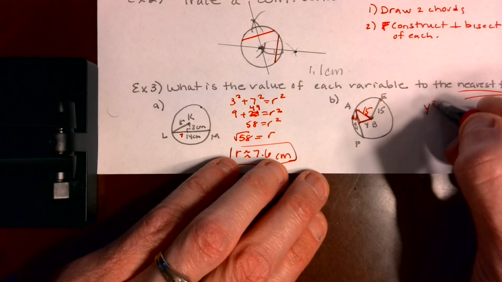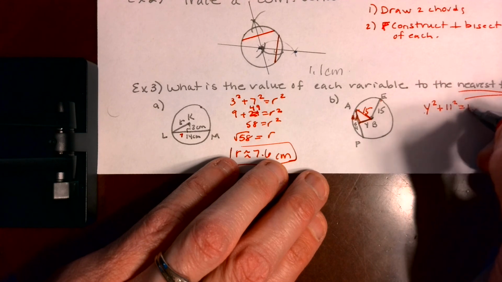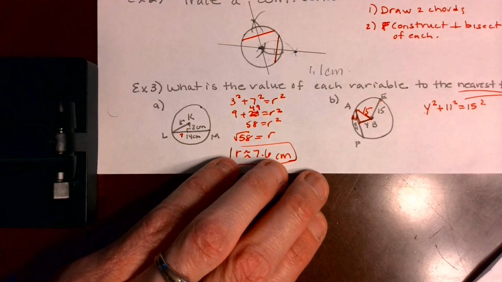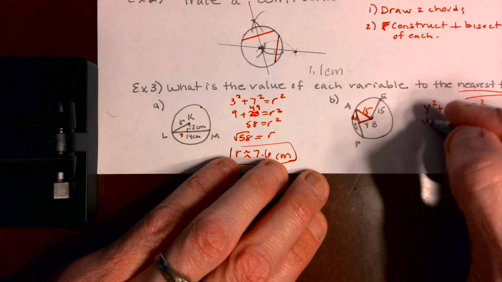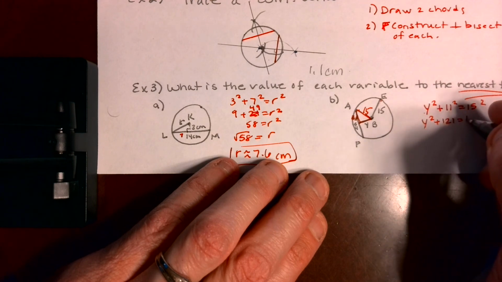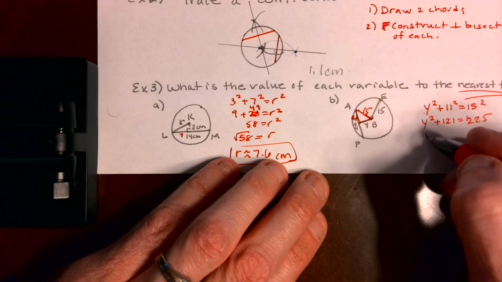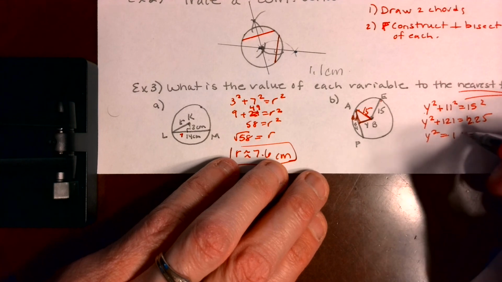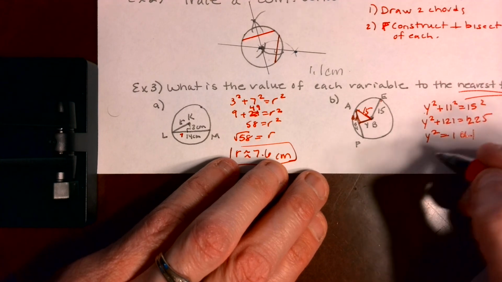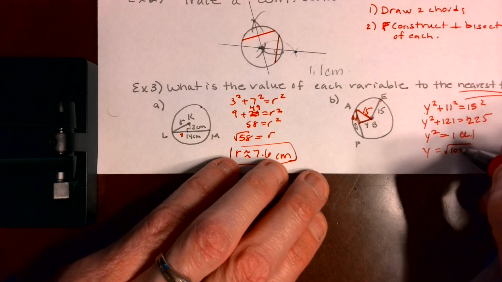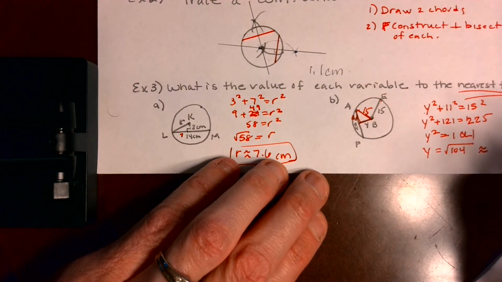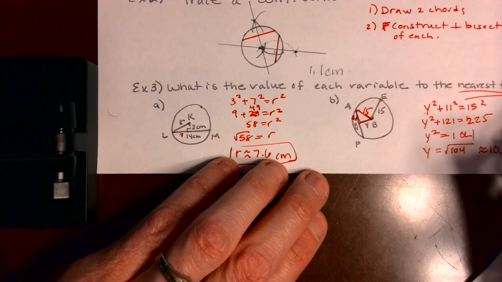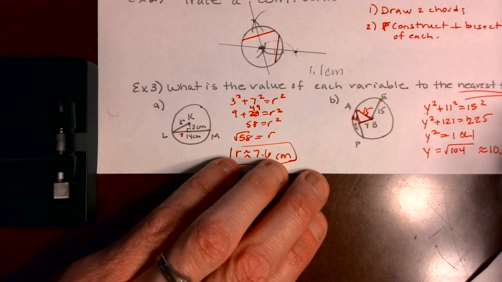So we have Y squared plus 11 squared equals 15 squared, and we go ahead and solve that. 10.2 is what I got. There's no unit on that, so let's put units.